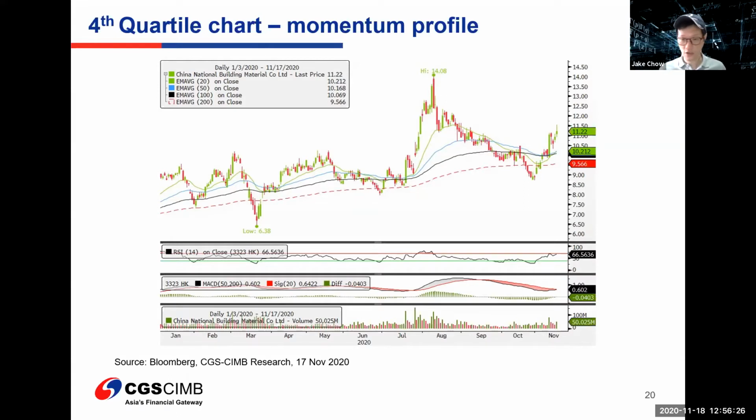So you tend to find stocks that are recovering from a negative trend, or stocks that are in an early stage uptrend, or in a major corrective phase. However, stocks in this quartile typically show less consistent short-term performance.